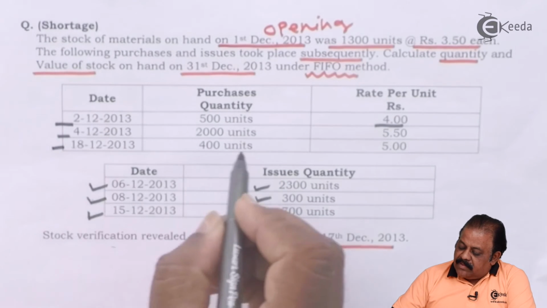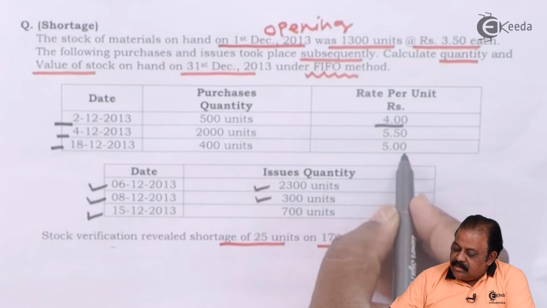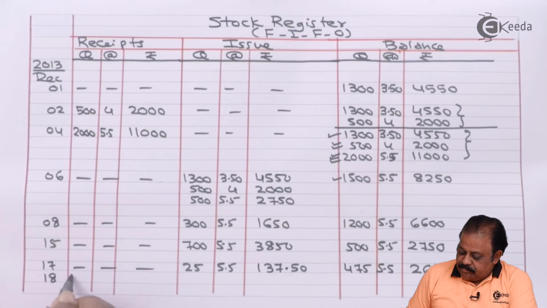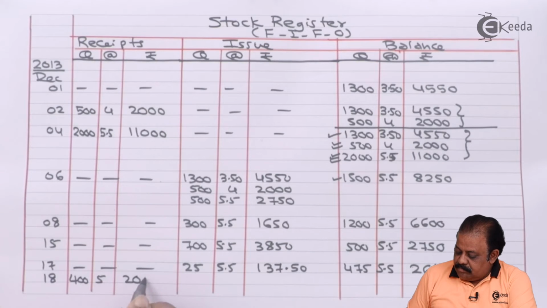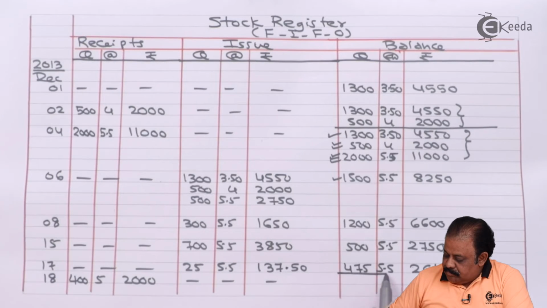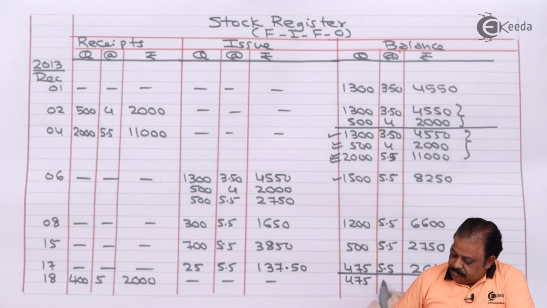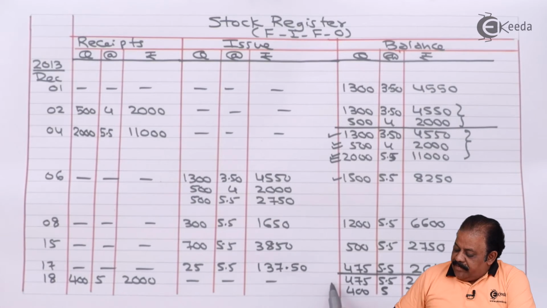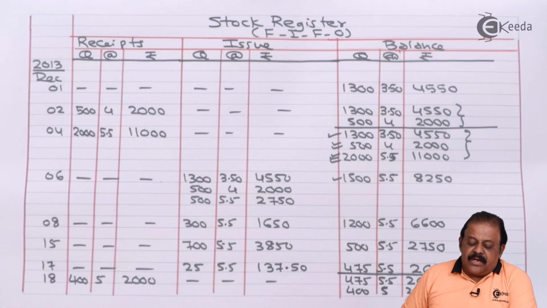On 18 December, there is purchase of 400 units at the rate of 5. So on 18th, we will be having two stocks, 475 and 400 units.